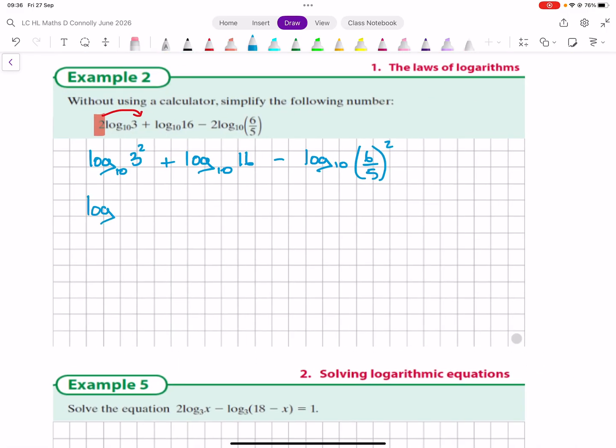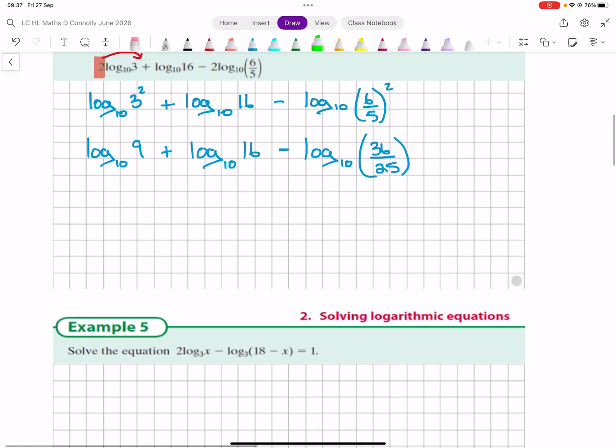So that's log to the base 10 of 9 plus log to the base 10 of 16 minus log to the base 10, and this is going to be square the top 36, square the bottom 25.